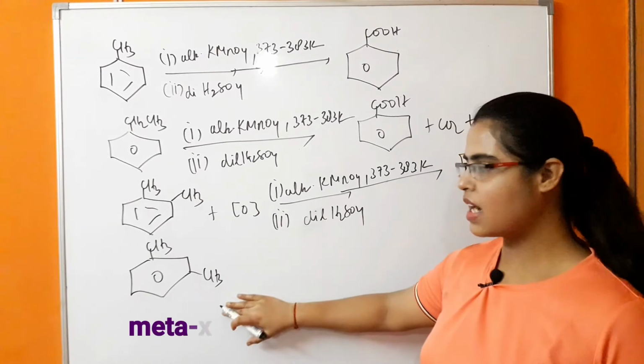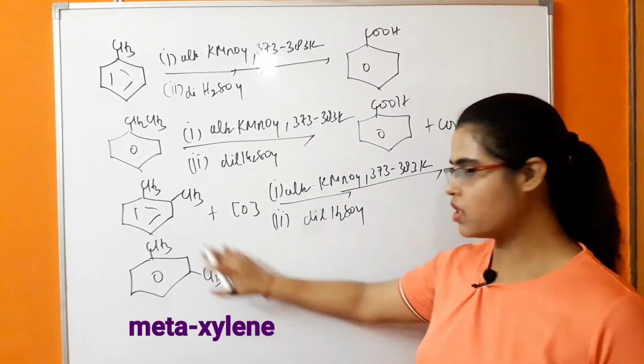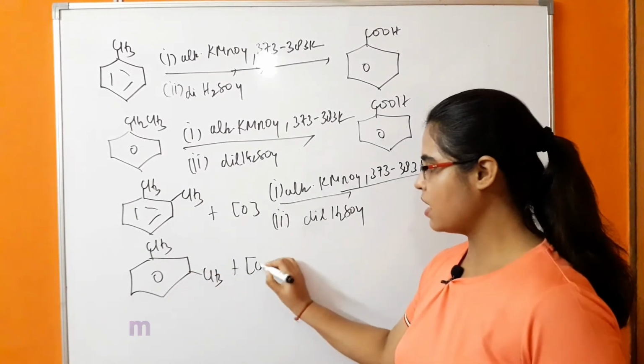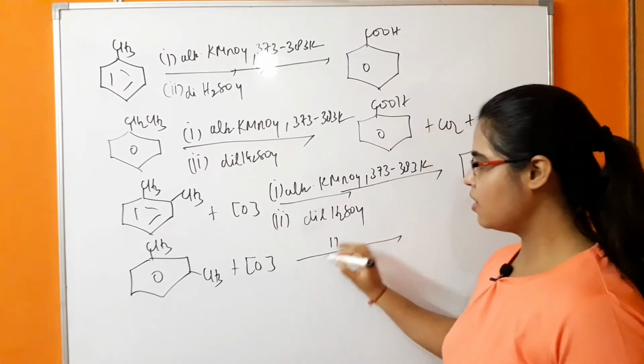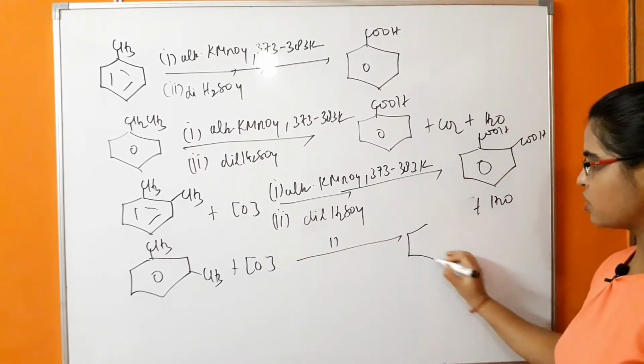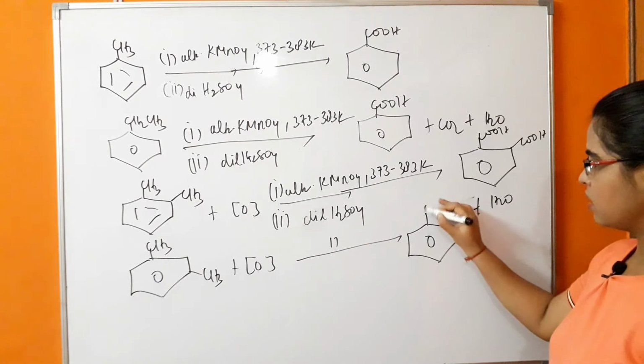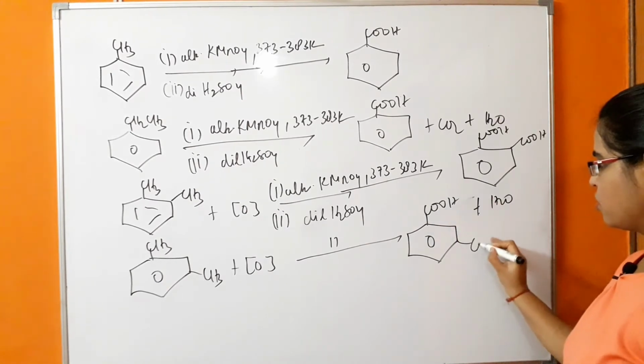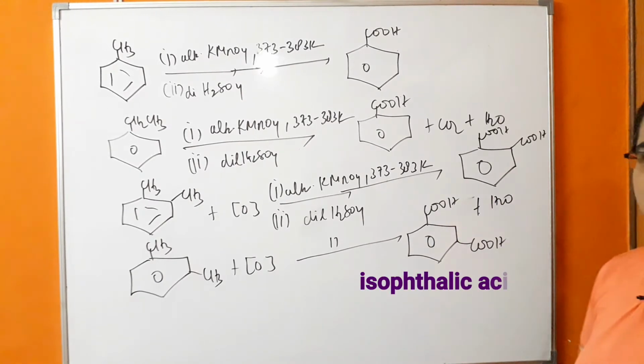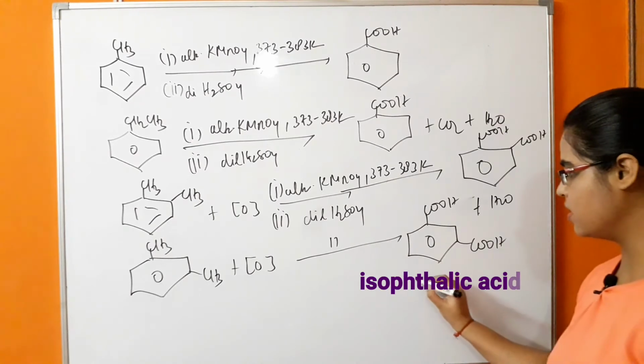If we take metaxylene, which is the common name of this compound, and metaxylene is oxidized under similar conditions, then there will be formation of COOH, COOH. This is isophthalic acid.